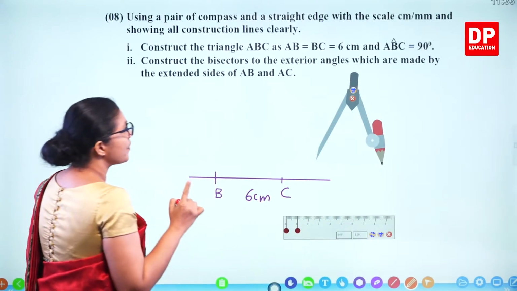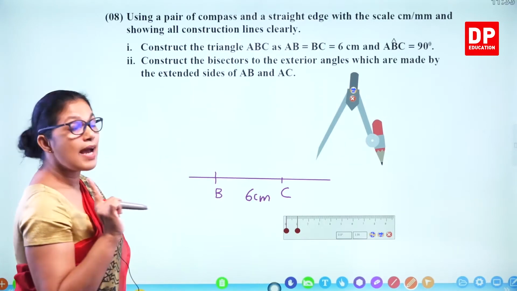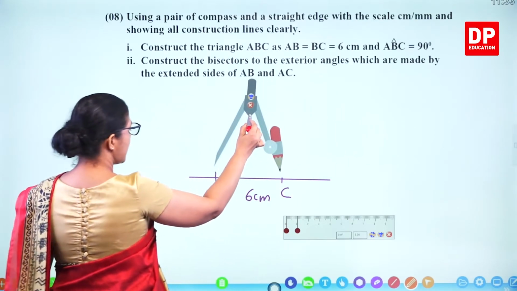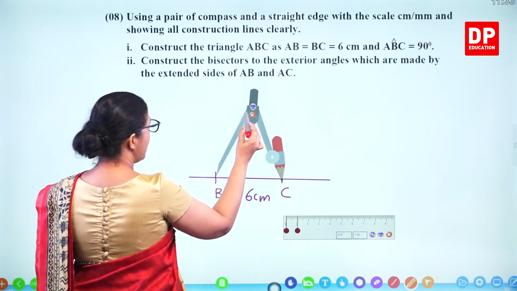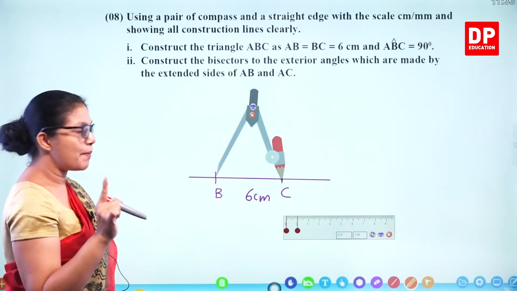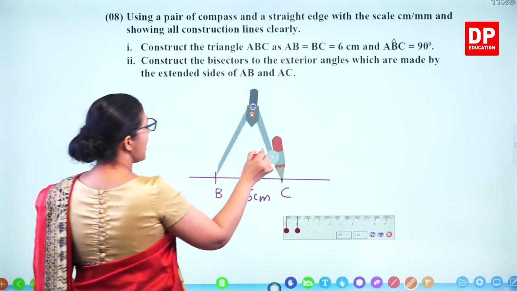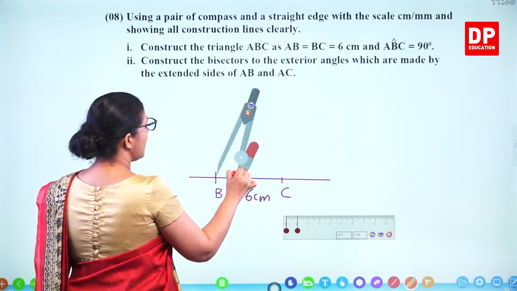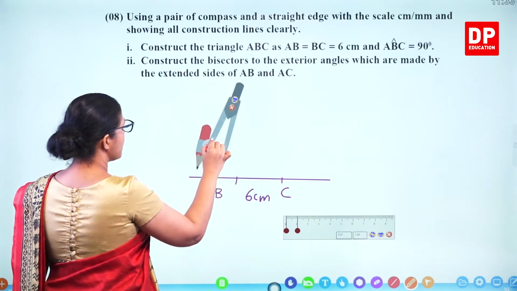Let's see. And angle B is 90 degrees. So we have to draw a perpendicular, not the bisector, just perpendicular to B. So take any distance, draw an arc here and on the other side.